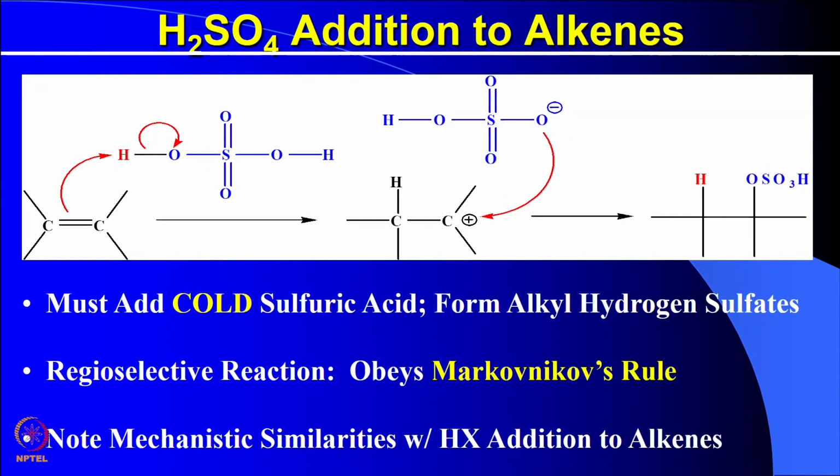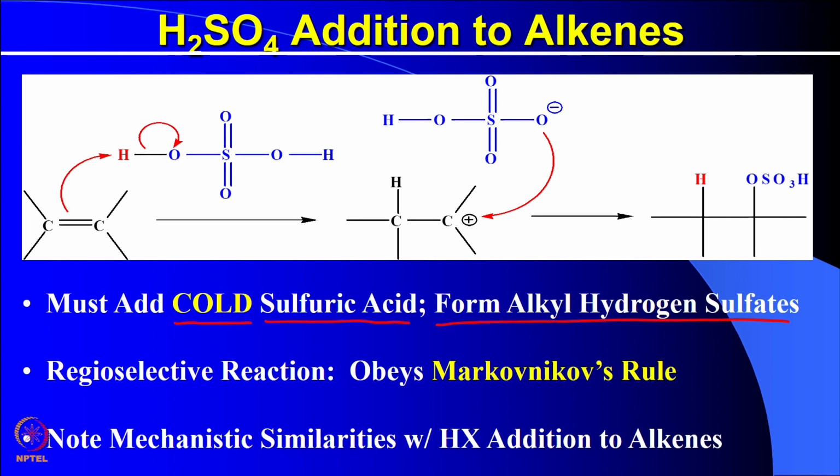Now let us see what happens when we try to add sulfuric acid to alkenes. We must add cold dilute sulfuric acid to form this alkyl hydrogen sulfate.